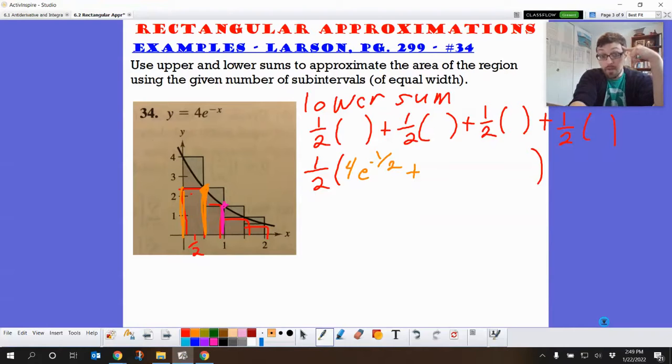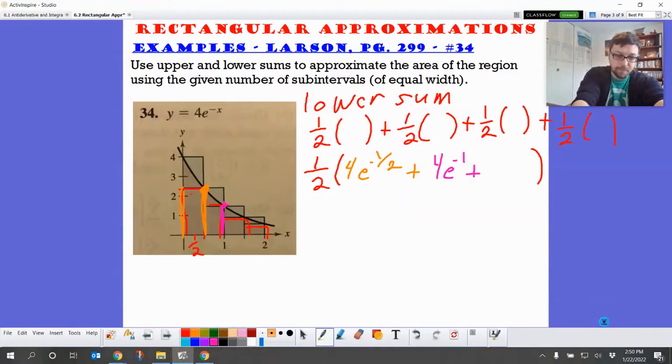Then we've got this one right here. So that one's also on that curve. We don't really care about the other orange part because we don't know how tall that is, but we do know where that pink point is because it's when the x value is 1. So that's going to be 4e to the negative 1, plus we got a little blue bit right here.